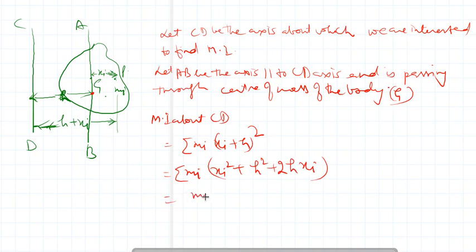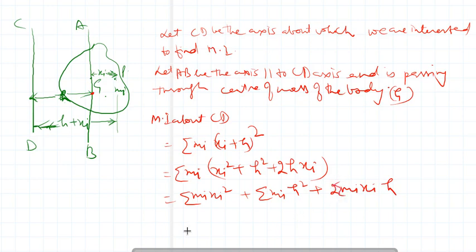It can be written as the summation of mi xi square, plus the summation of mi h square, plus 2h times the summation of mi xi.